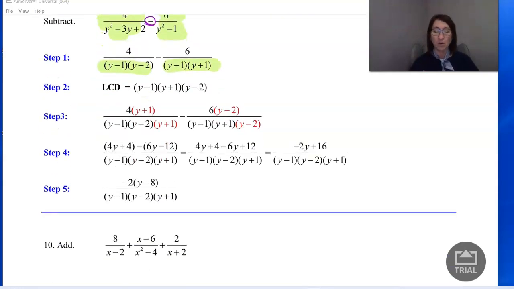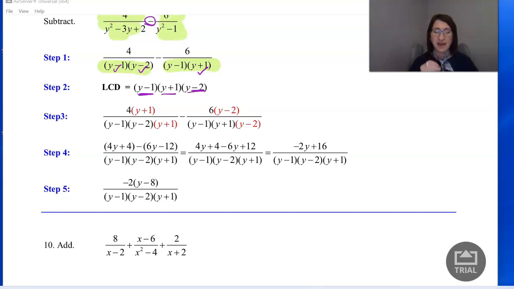So we've got y minus 1, because our highest exponent with the y minus 1 is 1. And then we have a y minus 2 right there. So we got a y minus 1, a y minus 2, and we have a y plus 1. So those are all of our different factors, all brought together.